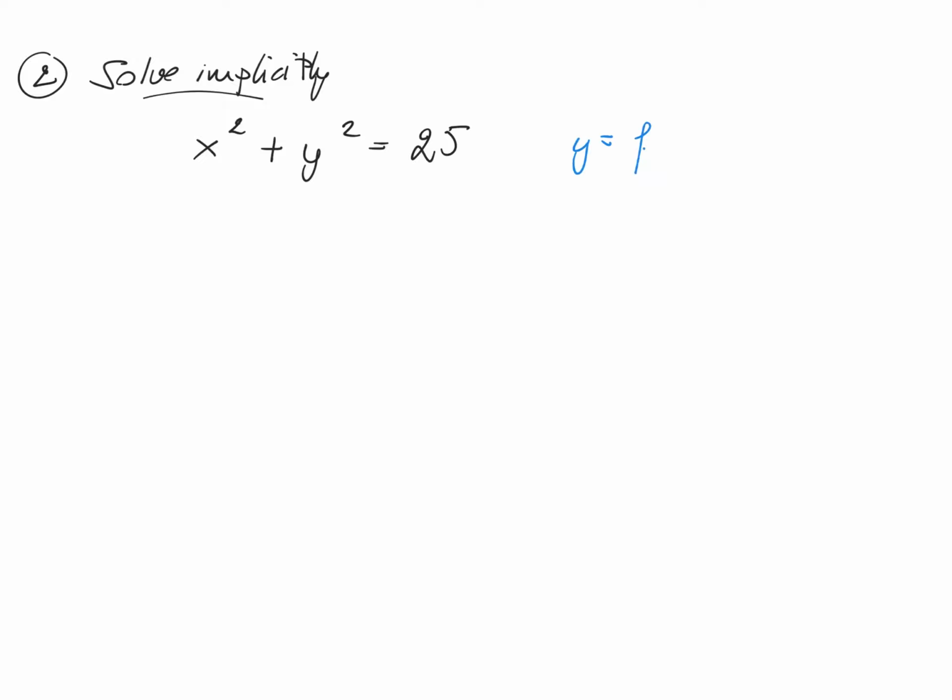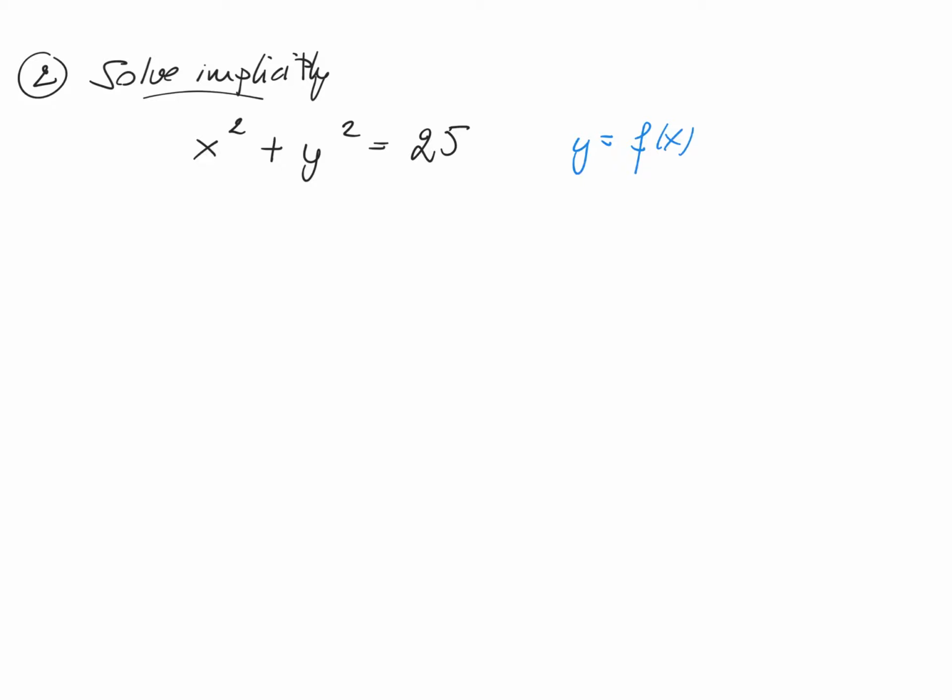The second way is to solve this derivative implicitly, so find an implicit solution. To find the implicit solution, we start from the equation. So we had x squared plus y squared is 25. In this case, it's very important to note that y is some function of x.